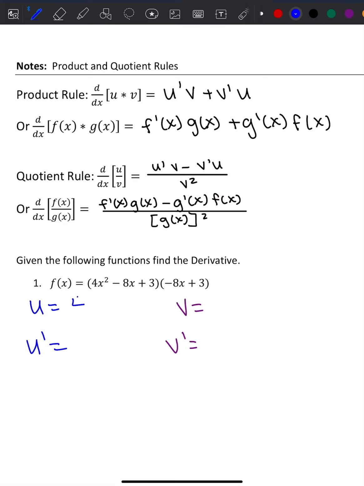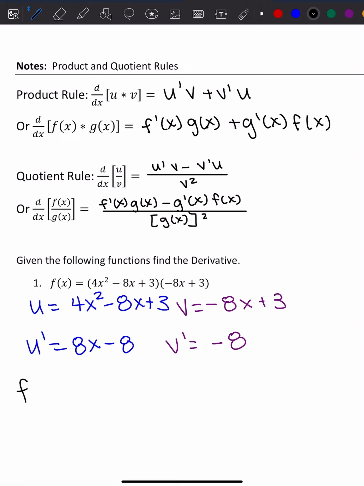So u in this case for me is going to be 4x squared minus 8x plus 3, and v is going to be negative 8x plus 3. The derivative of negative 8x plus 3 is negative 8. The derivative of 4x squared minus 8x plus 3 is 8x minus 8. So now what we're going to do is we're just going to put all of that together.